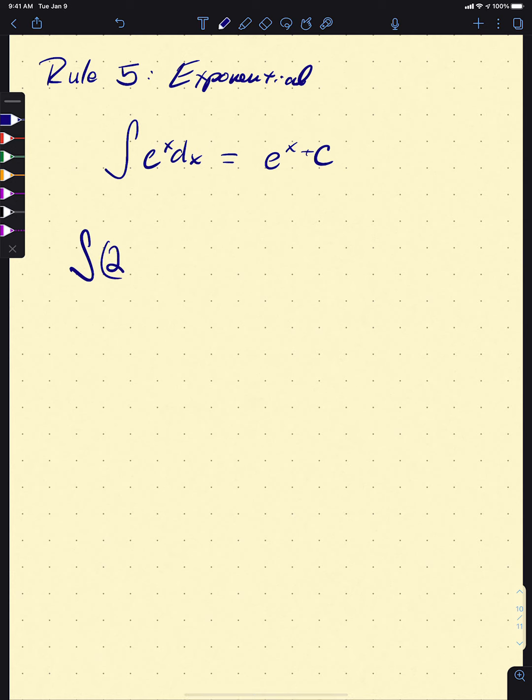Say, take a look at the antiderivative of 2 e to the x minus x cubed dx.